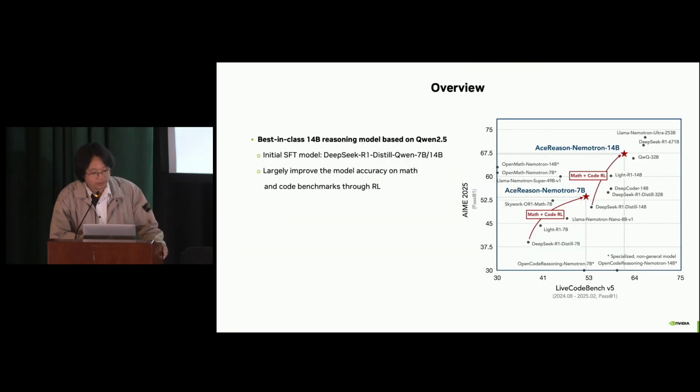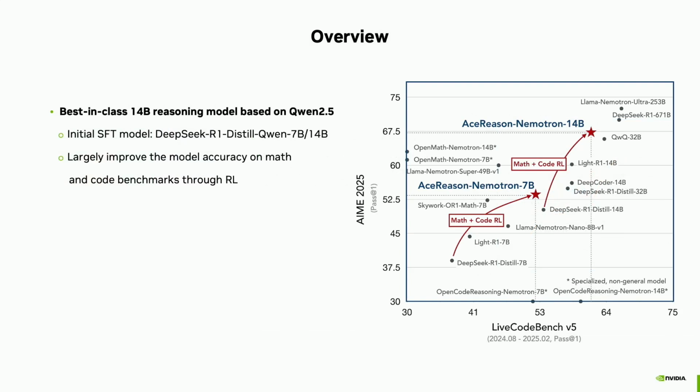As an overview, here we have the best-in-class 14B reasoning model based on Qwen 2.5, and we start from the initial SFT model, the DeepSeek R1 distilled model. As we can see from this figure, with a pure RL-driven methodology, the model's reasoning ability has a large jump on both math and code reasoning tasks. The AIME and LiveCodeBench scores improved a lot.